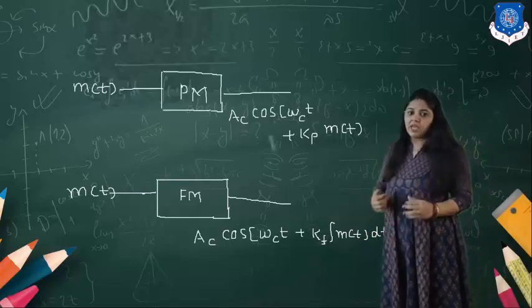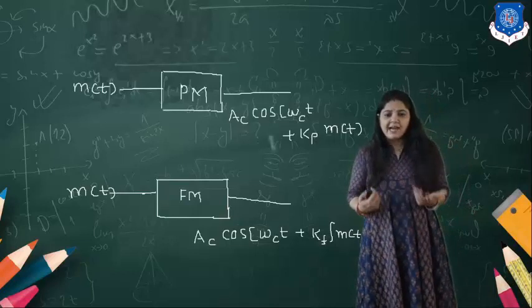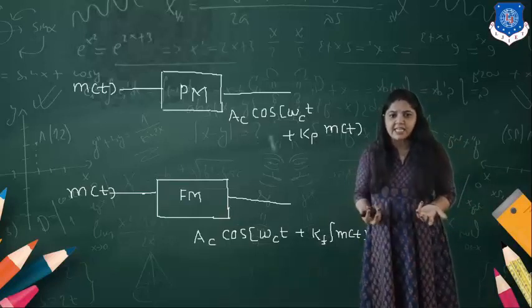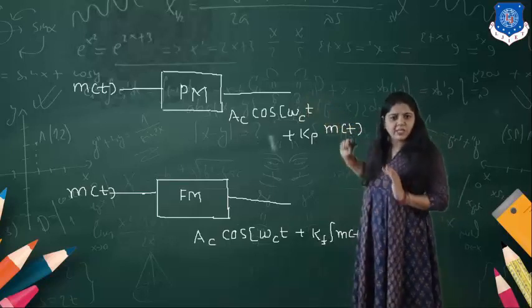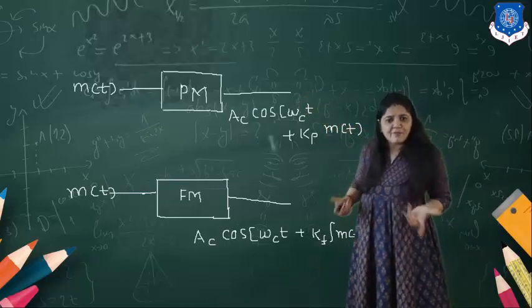Now we want a stable frequency, so we have to use the indirect method for generating the FM. I will use this particular block diagram, but I need to generate the FM wave.